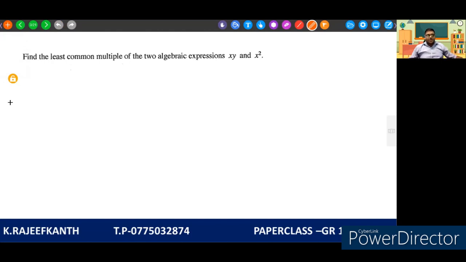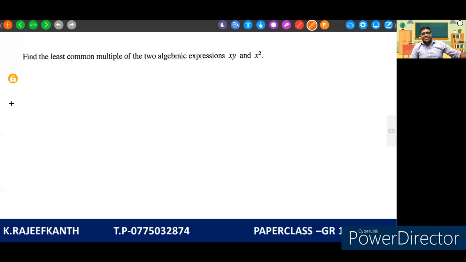Find the least common multiple of the two algebraic expressions x y and x squared. I think within 20 seconds, no need to write. Within 10 seconds, you can find the answer.